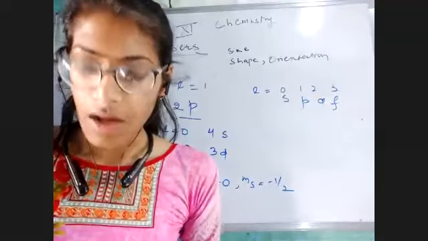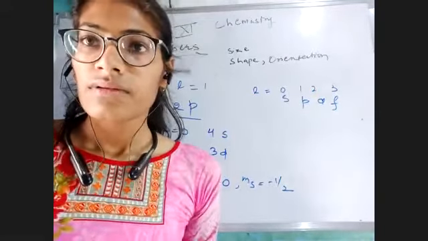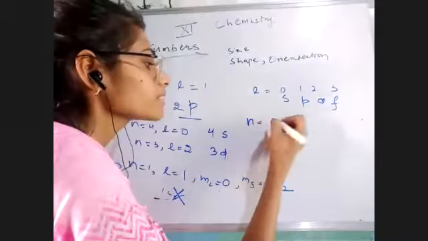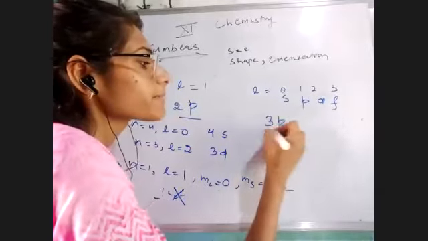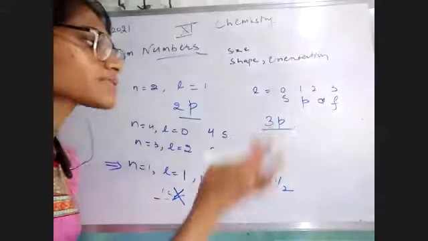Okay. Now on the basis of another example, let's see. Suppose I have 3p, and you need to describe all 4 quantum numbers on the basis of this.